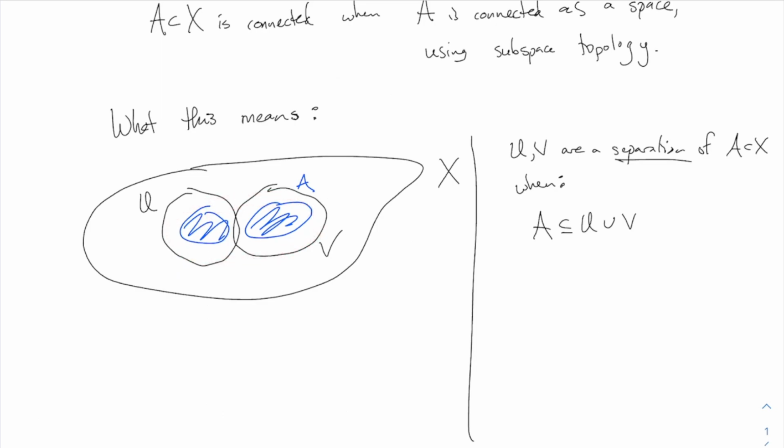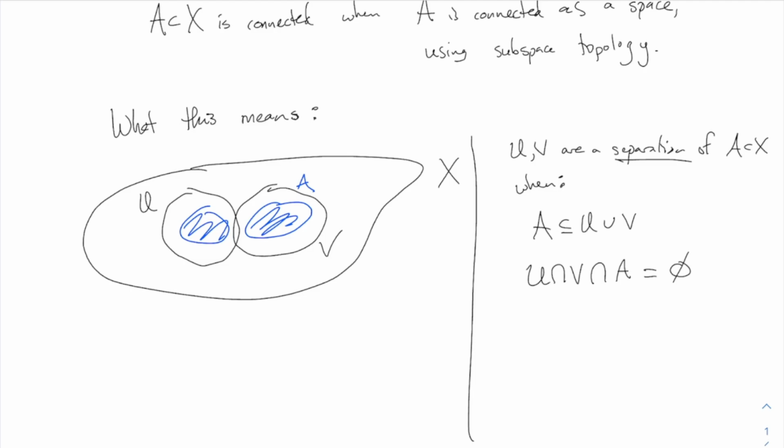Like in the picture I drew, they actually do have some intersection. It's just that that intersection is not part of A. So it's not that the intersection is empty, it's that when I do this intersection and also intersect with A, that is empty. That is to say, there are no points that are in A and also in that intersection. So the intersection might exist like it does in this picture, that little region there, but that little region has no points which are also in A.